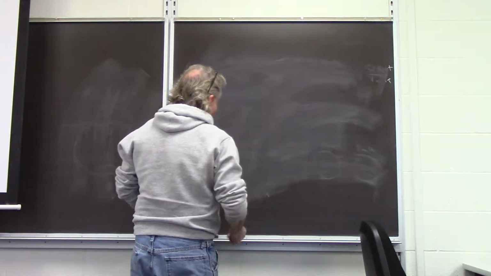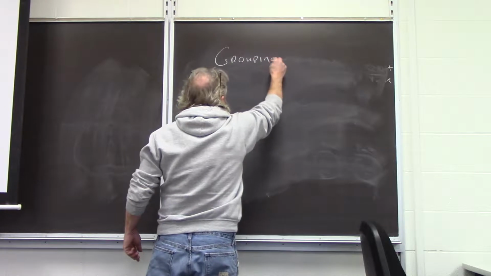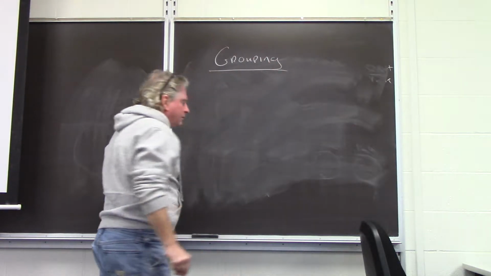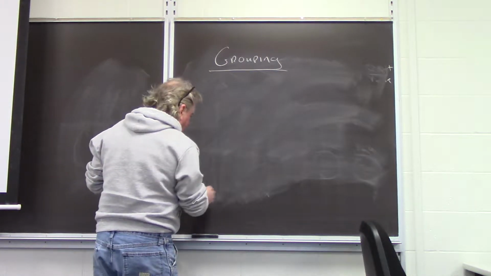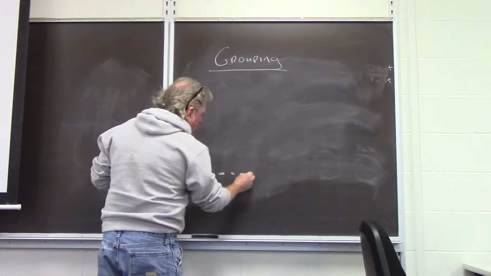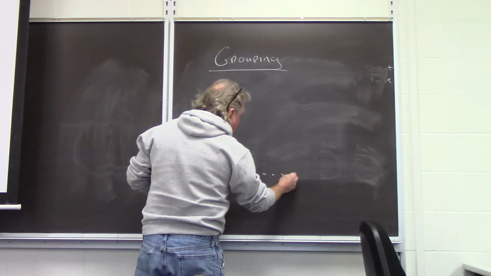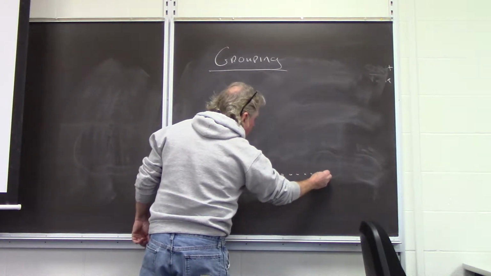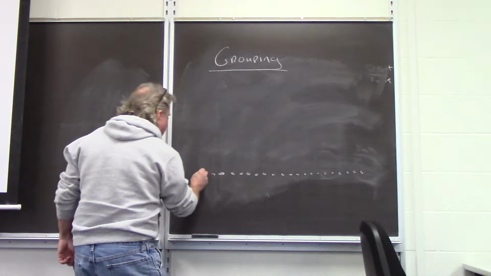All right, so grouping. What's entailed in grouping? Well, what you do when you group is you take things that need to be grouped. Let's say I have 1, 2, 3, 4, 6, 7, 8, 9, 10, 11, 12, 13, 15, 16, 17, 18, 19, 20.